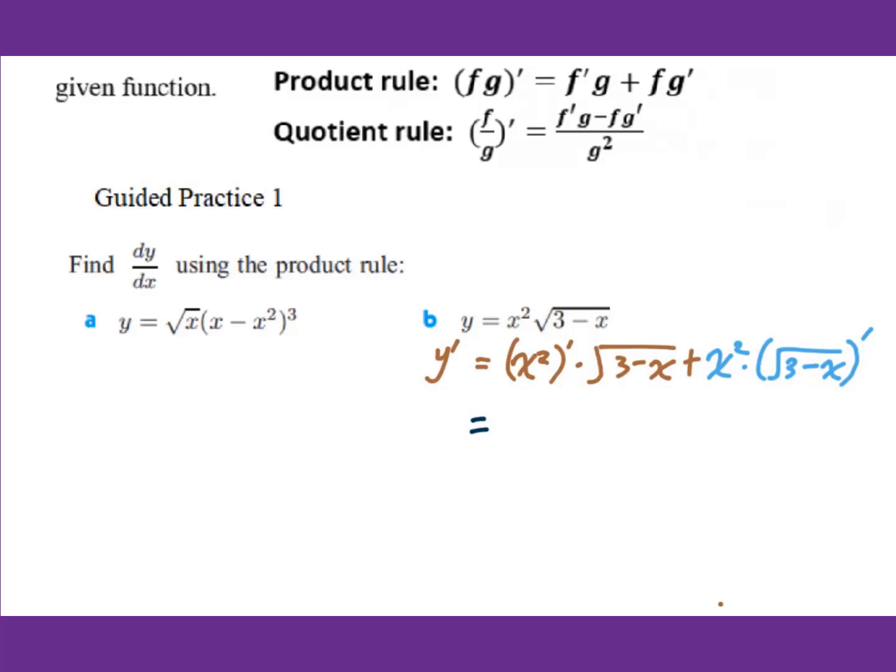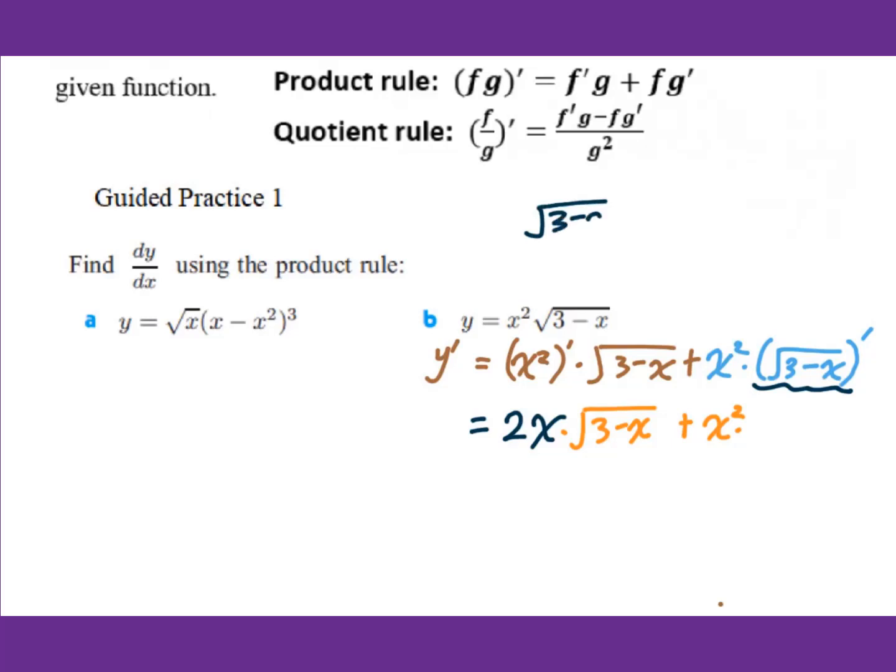For the derivative of x squared, that's 2x. Then times the square root of 3 minus x. Then plus x squared times the derivative of square root of 3 minus x.